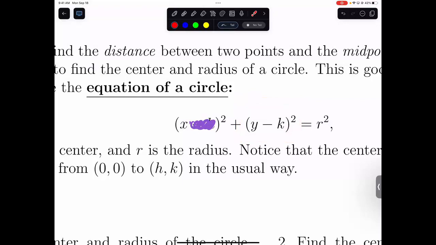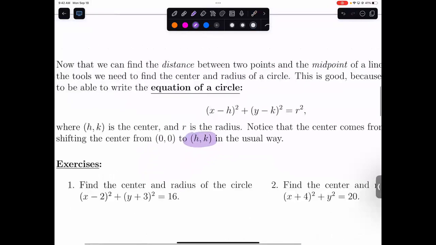Okay, because everything's on the same side of the equation, that means this works a little bit backwards of what we're used to for vertical stuff. Right, I'm used to y equals f of x plus 5, and that goes up 5. Well, this is on the same side of the equation, so this is going to work just like this does, meaning backwards kind of. But all those things do, the minus h, the minus k, is shift the circle around to give you the center at h, k.